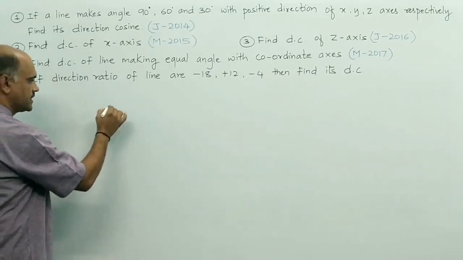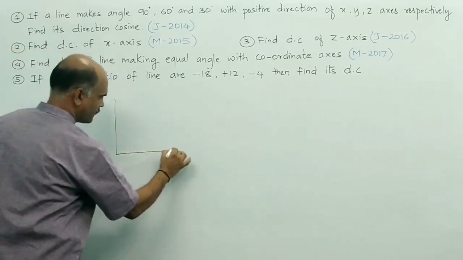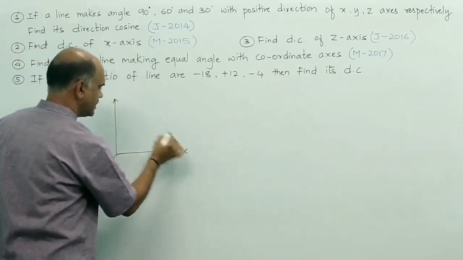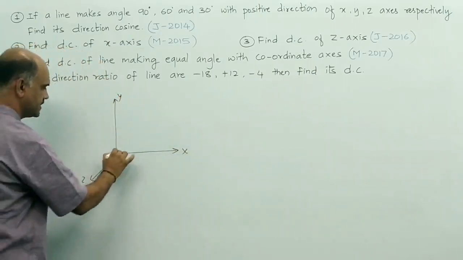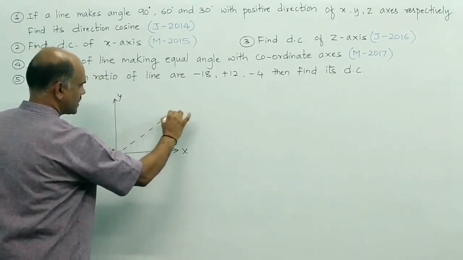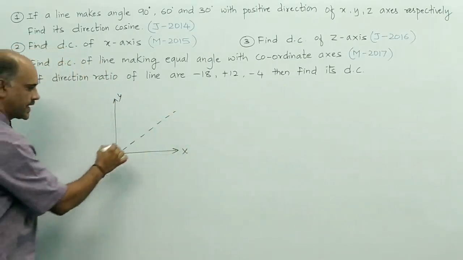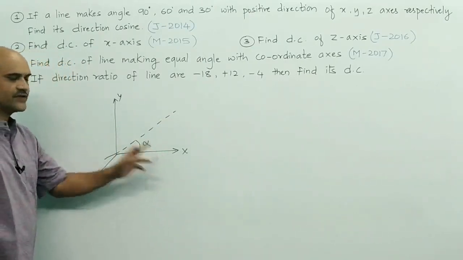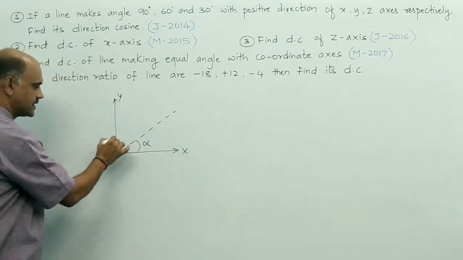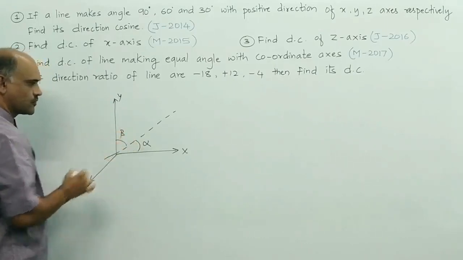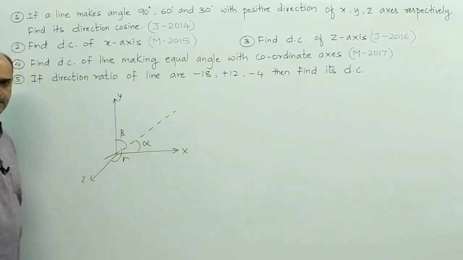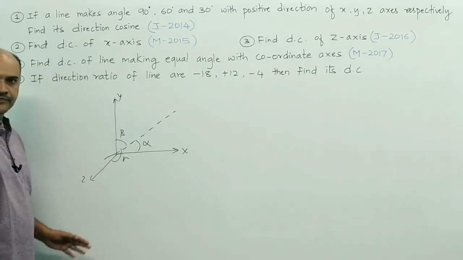Suppose there is a line which is inclined to all the 3 axes x, y, z. It is making an angle alpha with the positive direction of x-axis, an angle beta with the positive direction of y-axis, and gamma with the positive direction of z-axis.